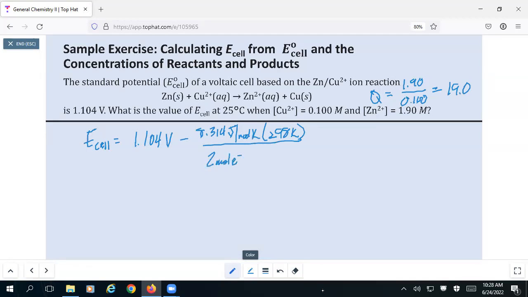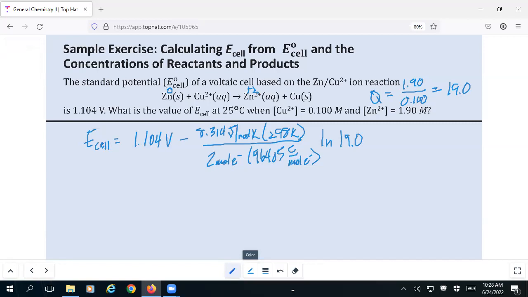Because again, even though I don't have the values, I can track that zinc's going from a 0 state to a +2 state. That must mean that 2 electrons are being transferred. Times 96,485 coulombs per mole of electrons times the natural log of 19.0.